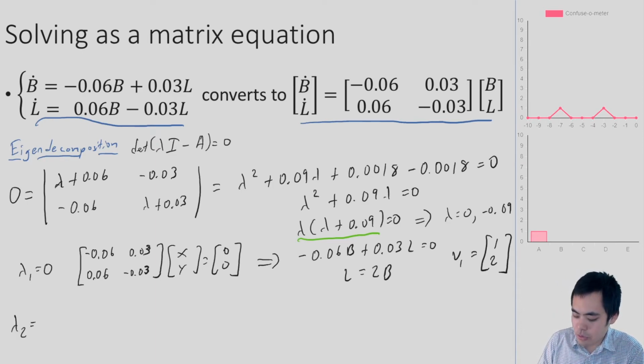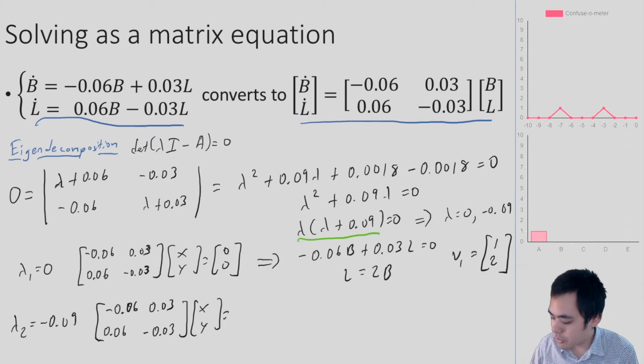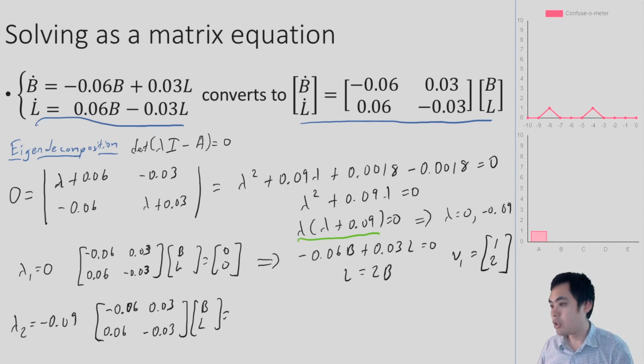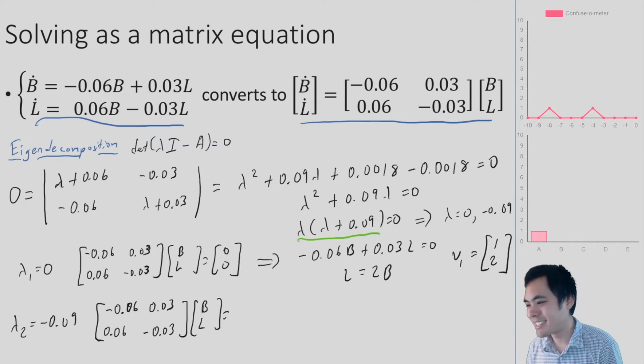And we have lambda 2 equal to minus 0.09, and so you do the same thing with the matrix minus 0.06, 0.03, 0.06, minus 0.03, times b and L. Sorry, I shouldn't be using x and y, I should be using b and L. You can also use x; nothing is different. That's exactly my point.